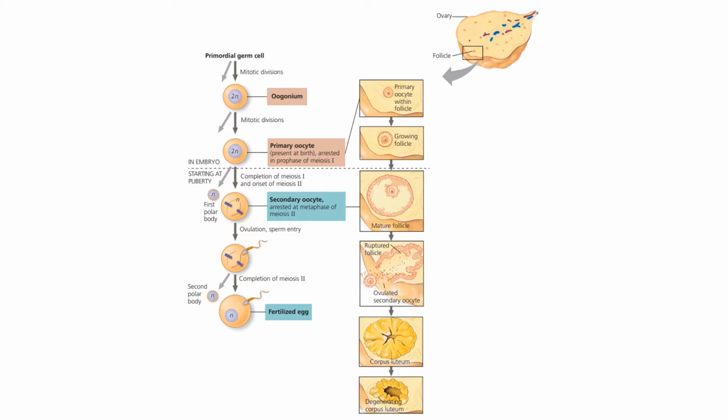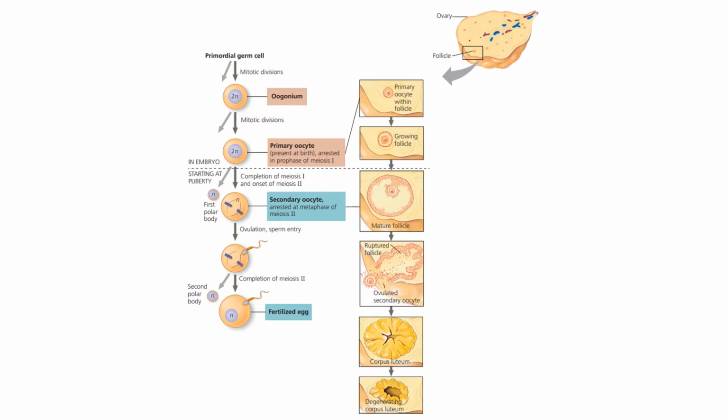And at puberty, this primary oocyte will start undergoing meiosis. So meiosis 1 is finished, producing the first polar body and the secondary oocyte. And the secondary oocyte is in arrest of meiosis 2, meaning it stops there instead of continuing to meiosis 2.